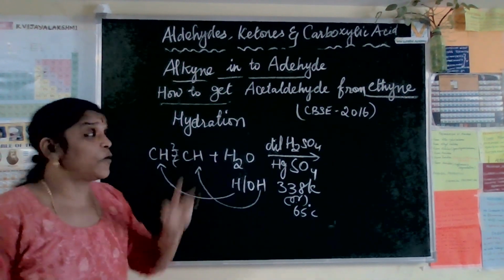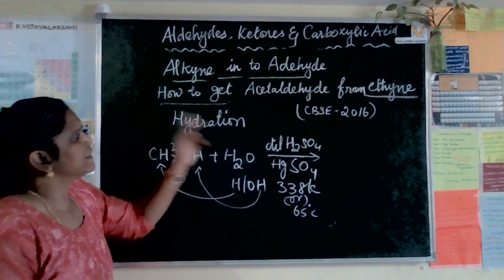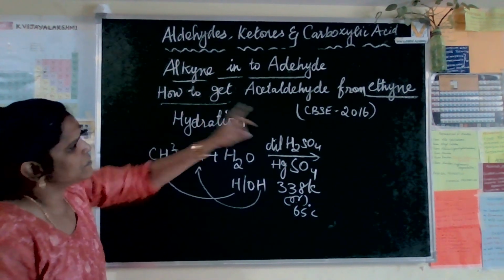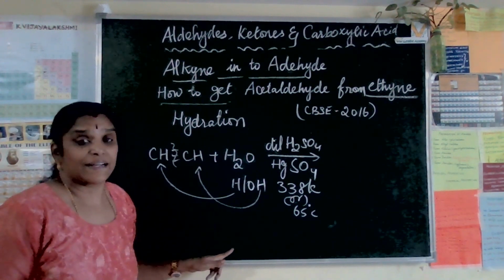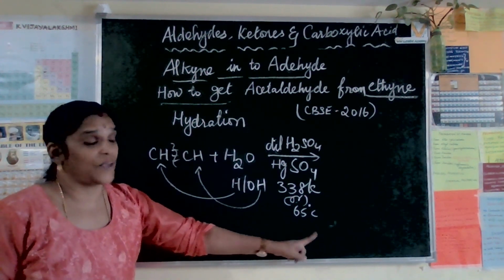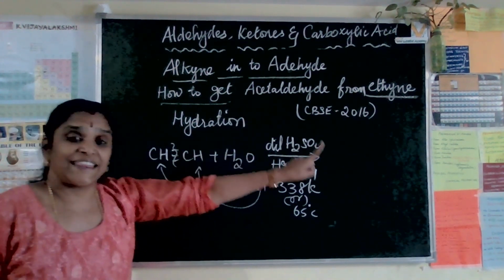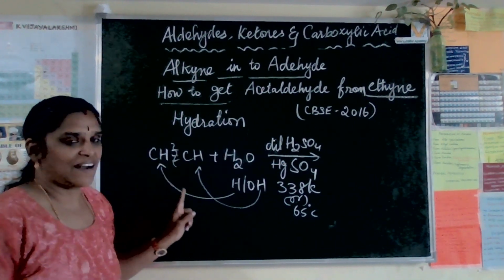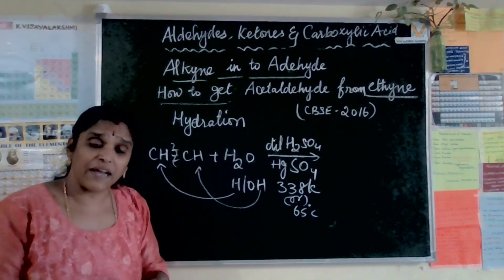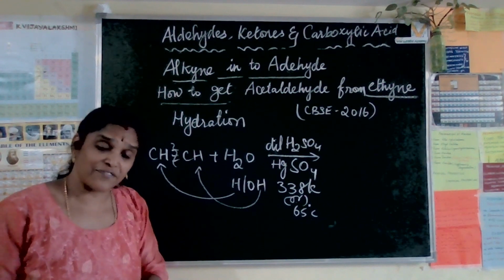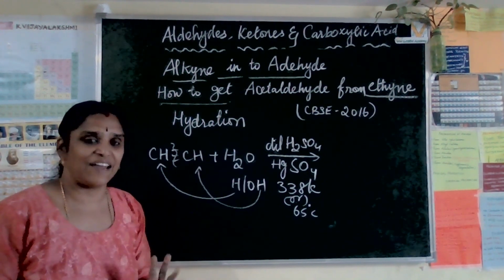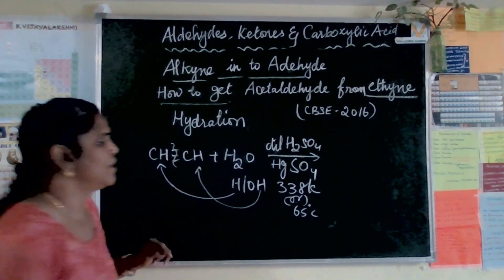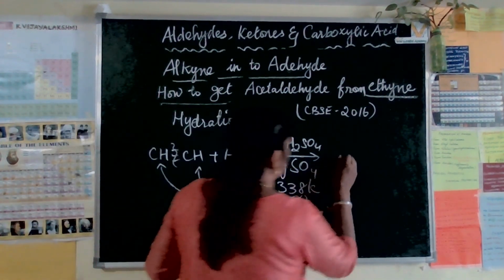But when we go for propyne, we will consider that. Ethyne will give acetaldehyde, whereas propyne, butyne and such things will give ketone only, you will not get aldehyde formation. Please remember this point.